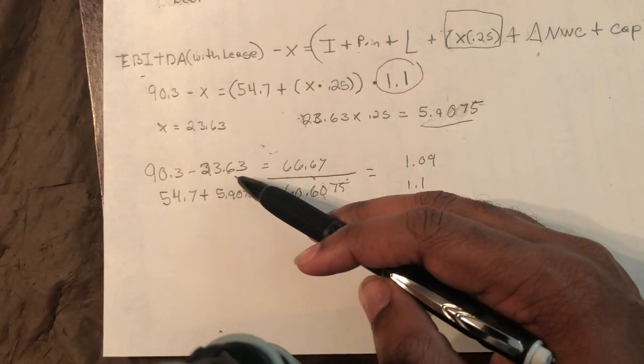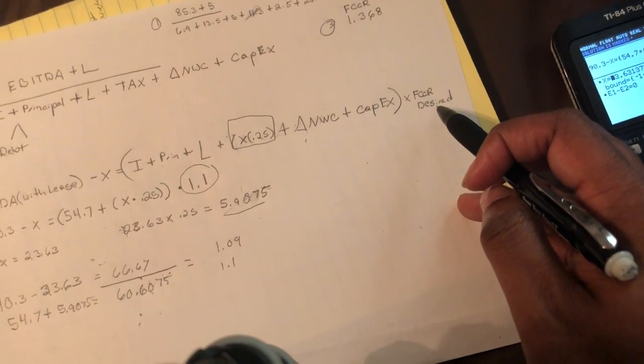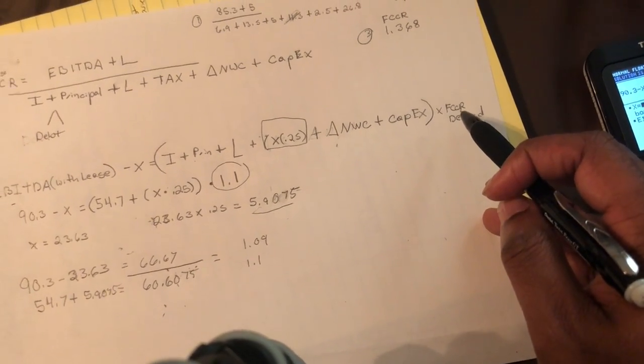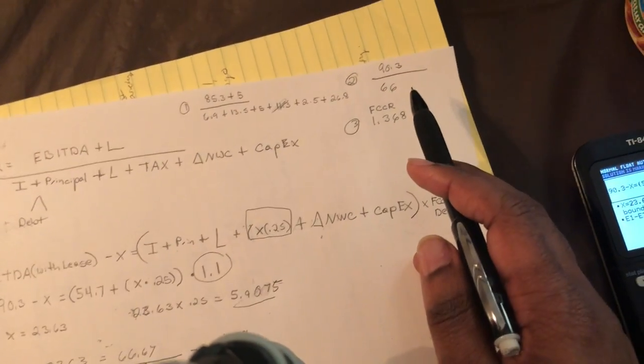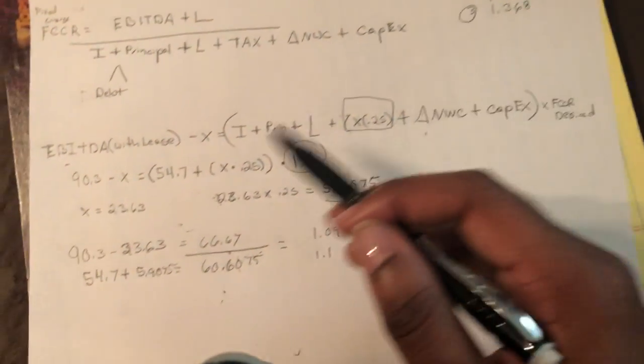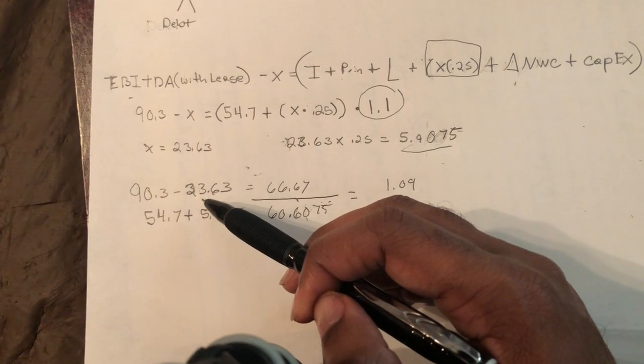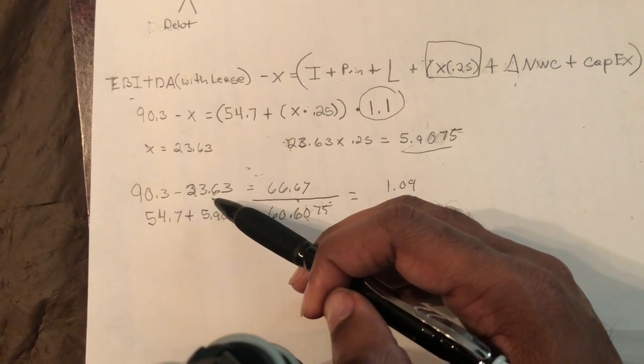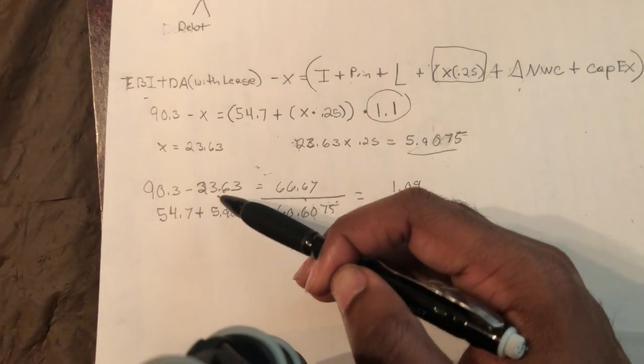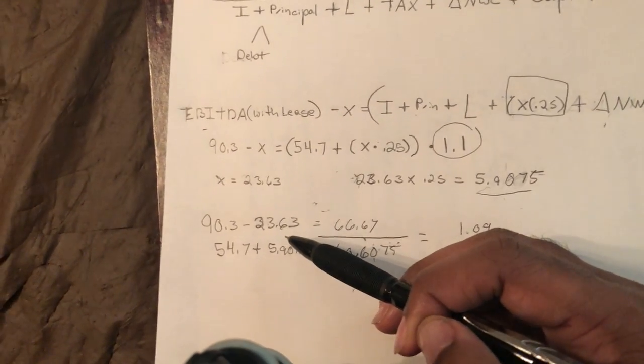So from there, just to make sure that this is actually solving for what I needed, the fixed charge coverage, I'm coming all the way back up here with new numbers, right? So I'm looking at if EBITDA drops $23.63, or whatever that ratio is, 23.63.